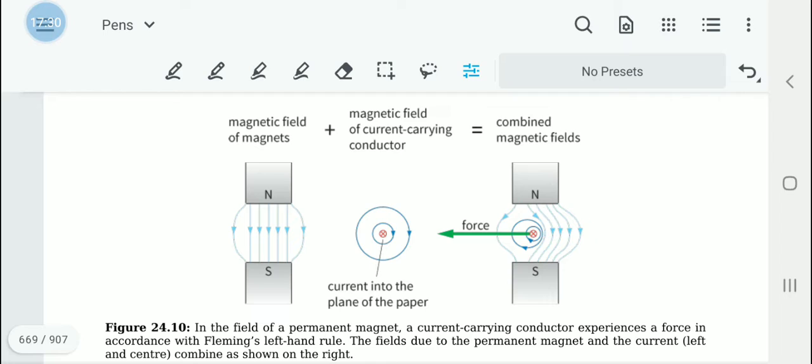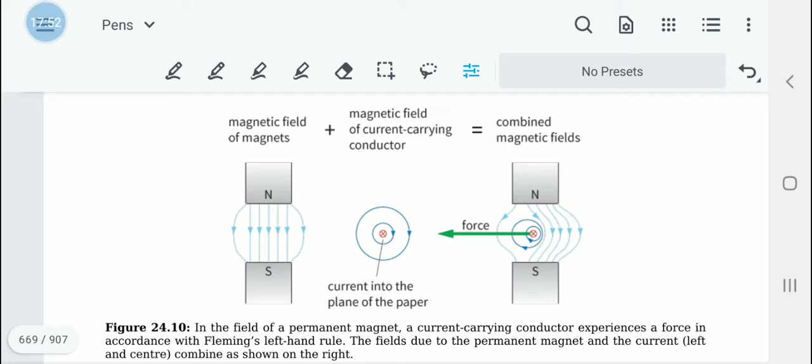So here on the left hand side we have a magnetic field of magnets. There are two magnets. Then there is a current going into the plane of the paper, so you should be able to use the correct rule and identify in which direction the field is going to be.